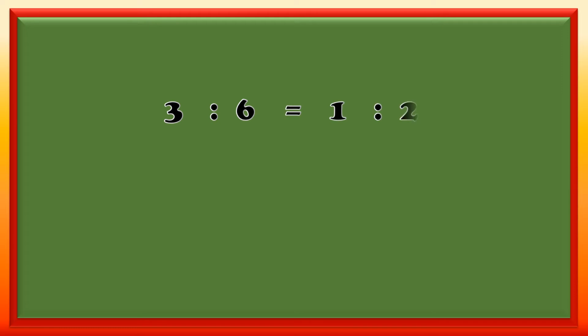Okay, let's have this proportion. 3:6 is equal to 1:2. The terms inside our proportion are called the means, and the terms outside our proportion are called the extremes. Okay? So again, the terms inside the proportion are the means, and the terms outside are called the extremes.